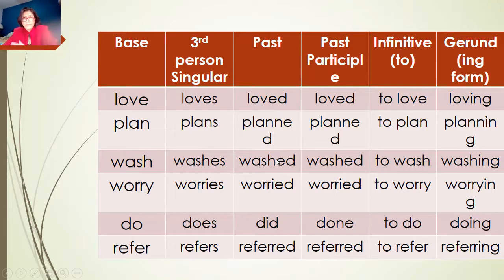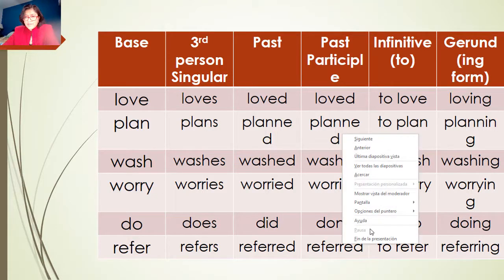Here are some more examples. Love, silent e at the end, loves, loved, to love, loving. Okay, we eliminate the e here to add the ing form because it's a silent e at the end. Okay, plan, plans.